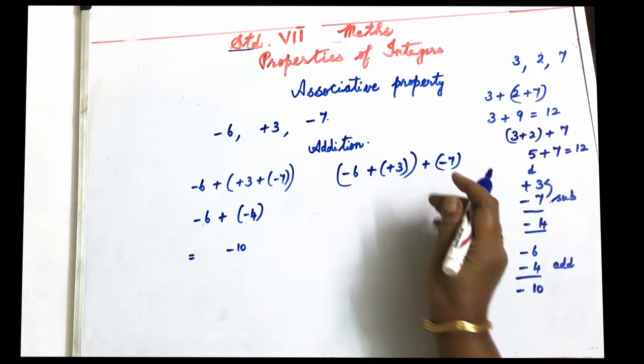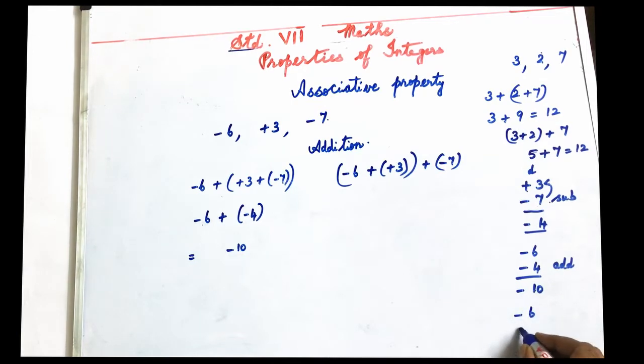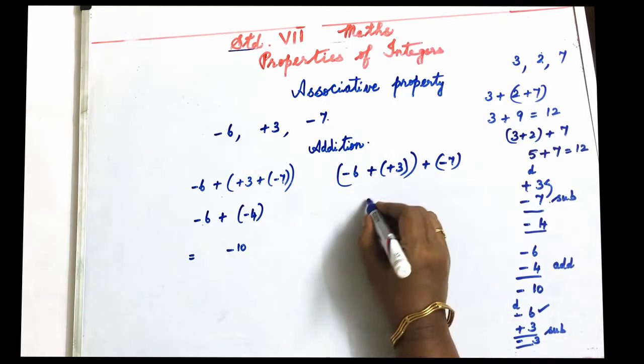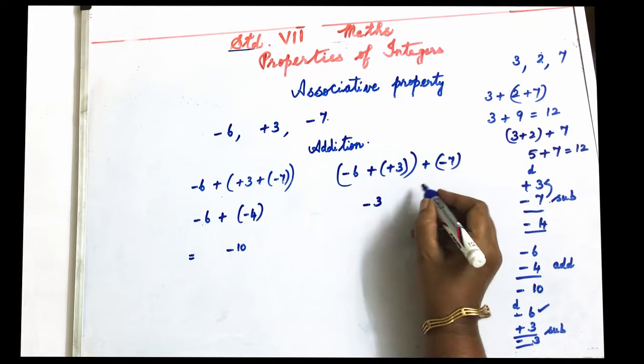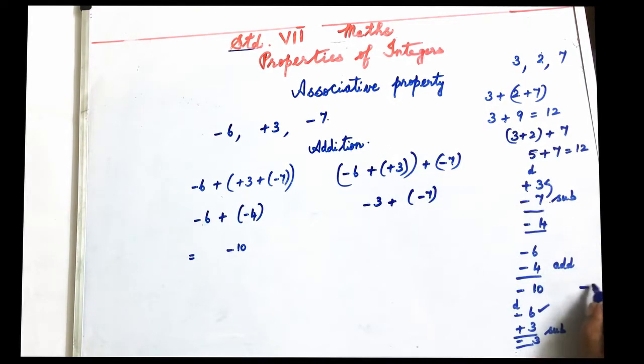Now if you come to the right hand side, first add the numbers within the brackets. So minus 6 plus 3. Here signs are different, so we have to subtract. 6 minus 3 is 3. Greater number sign is minus, so minus 3. So within the bracket the answer is minus 3. This should be added with minus 7. So minus 3 minus 7.